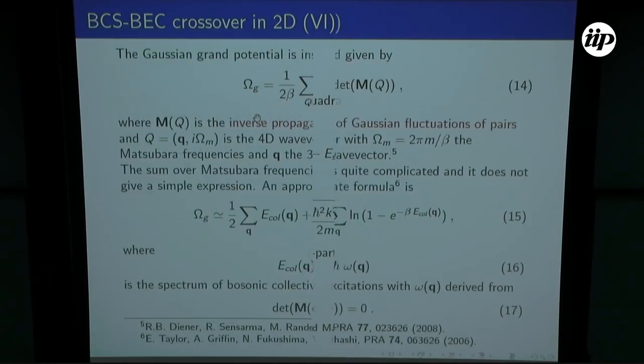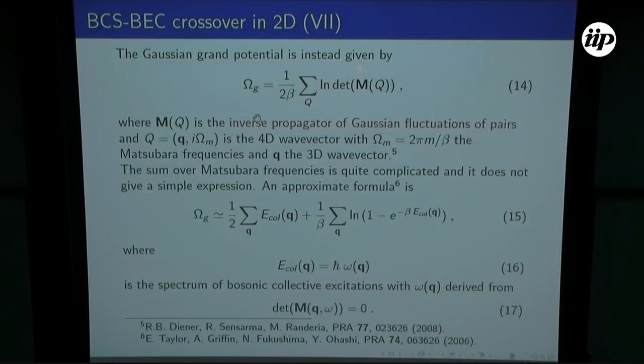There is also the contribution of fluctuations, and the Gaussian grand potential can be written in this way, complicated, depends on this matrix M, that is the inverse propagator of Gaussian fluctuation, and the summation is over Matsubara bosonic frequencies.